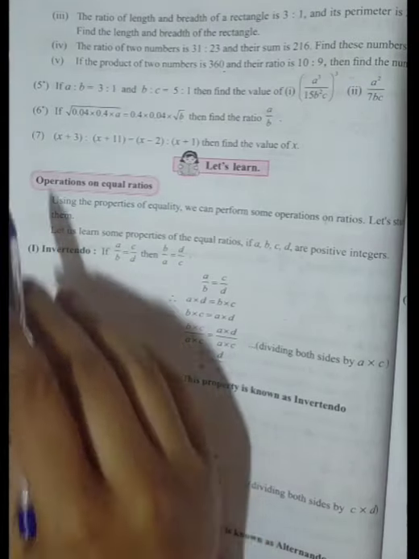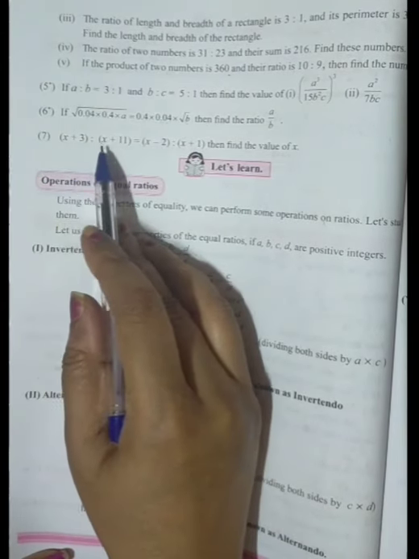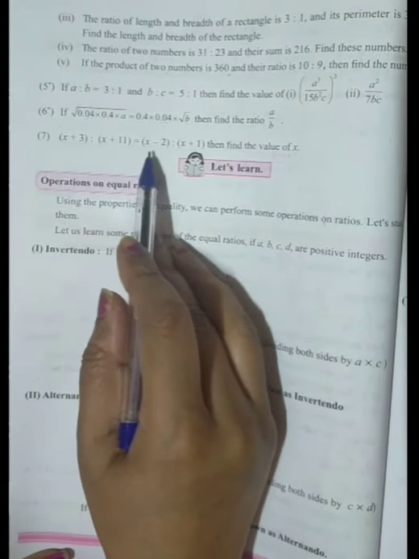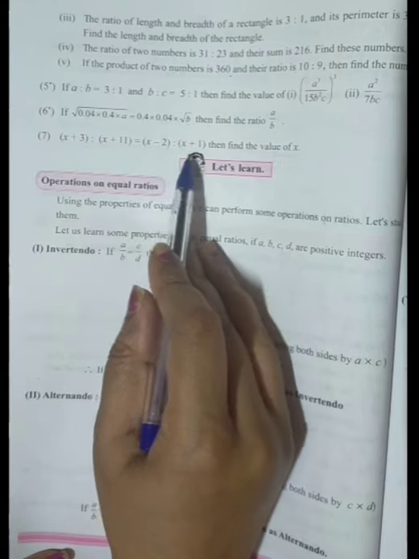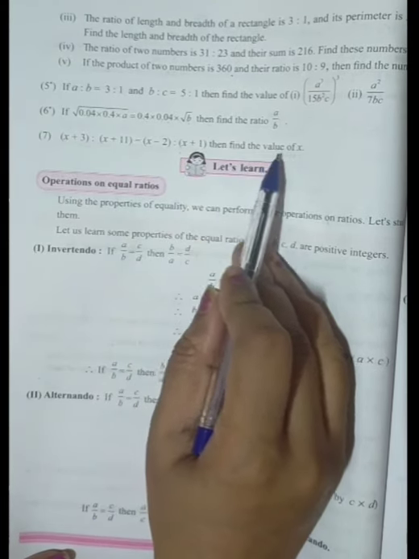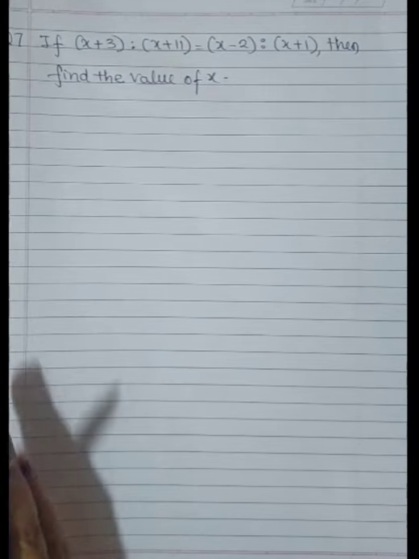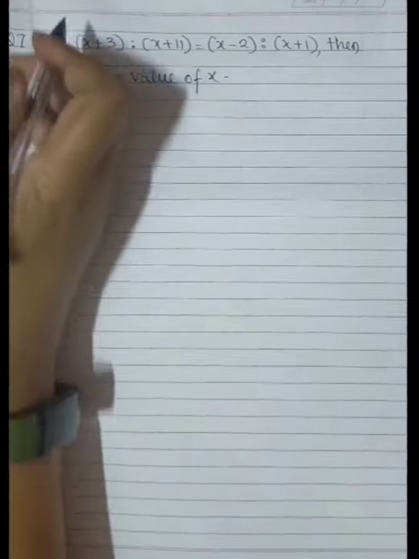Question number 7 is given. x plus 3 is to x plus 11 is equal to x minus 2 is to x plus 1. Then find the value of x. Okay, here we have to find the value of x. Now we'll start with the solution.